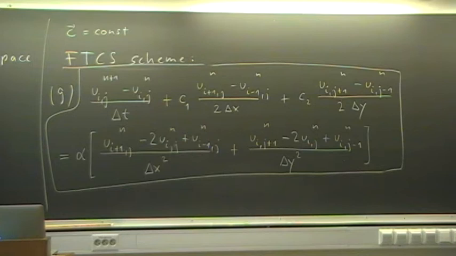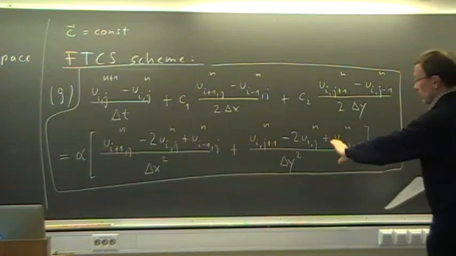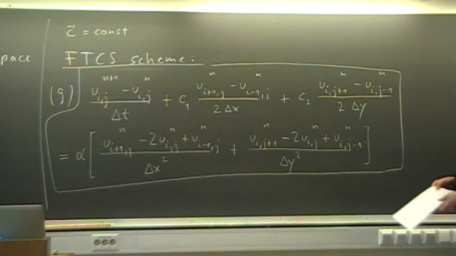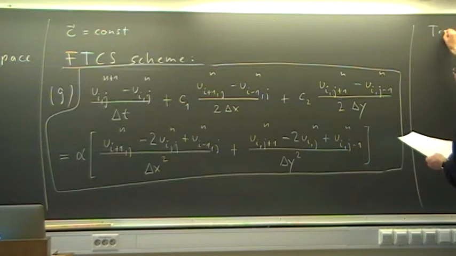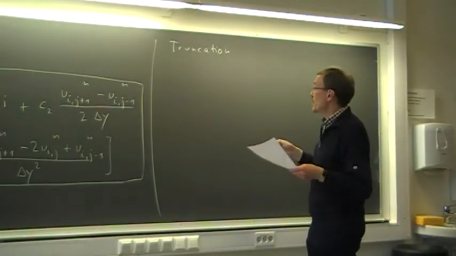Now let us characterize this scheme. We can get the right-hand side on the left-hand side with a minus. Then we insert the exact solution into that to find the truncation error. And what we find is, and that is classical, Taylor expansion around the grid point xi, yj.